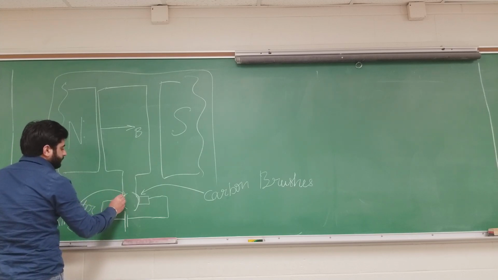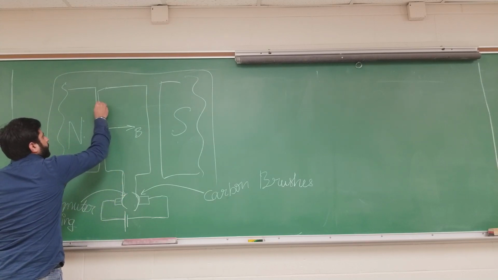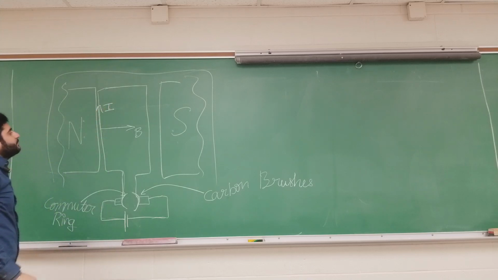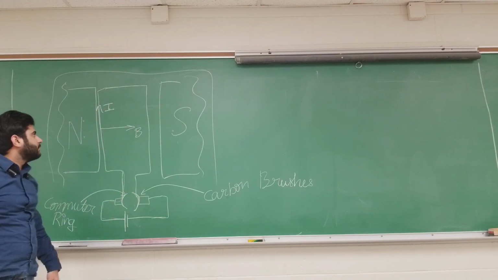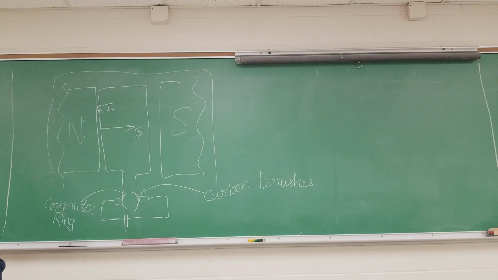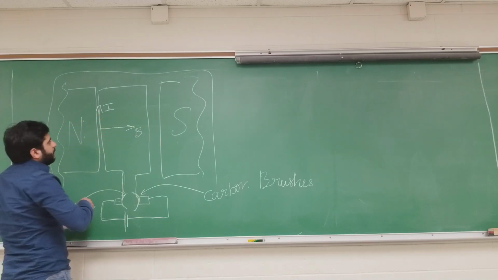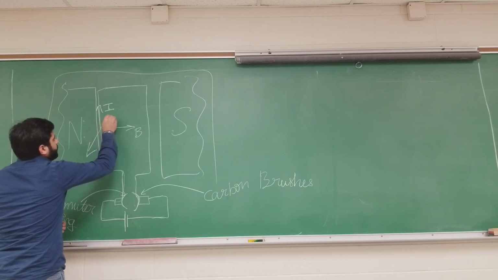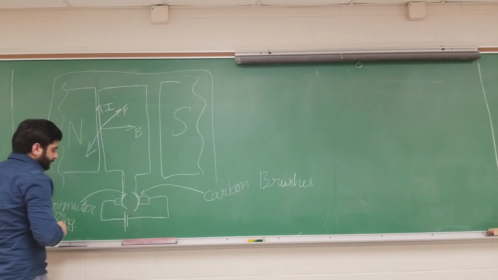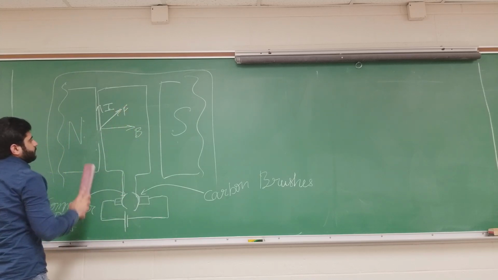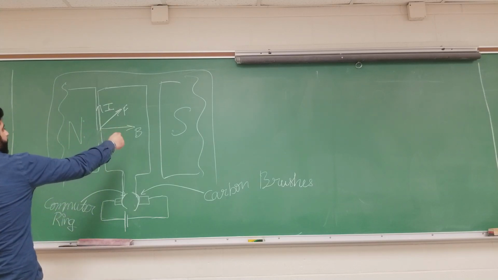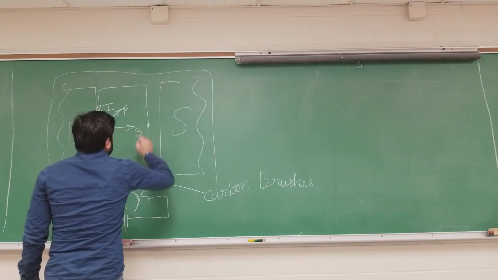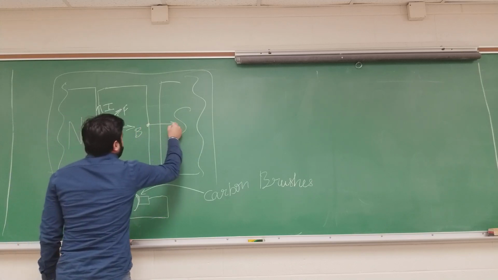The direction of I will be like this, and B is in that direction. Fleming's left-hand rule says F is given by I cross B. So I cross B is going down inside the plane, or I should draw it like this to be more clear. If we come to this side, B is in the same direction.